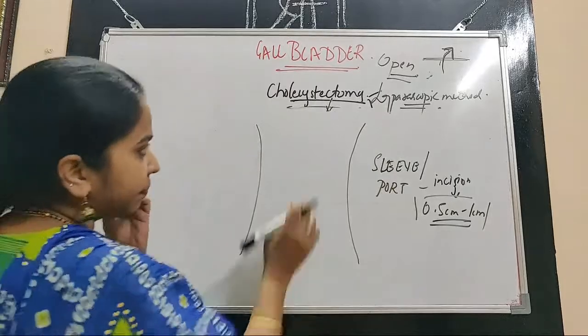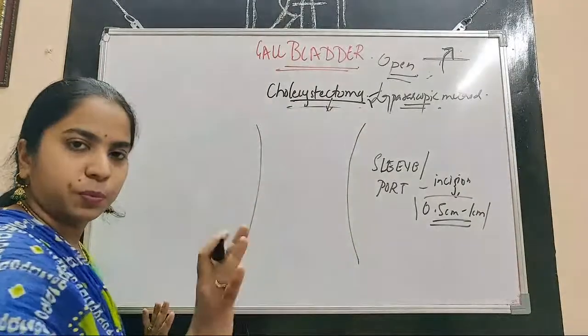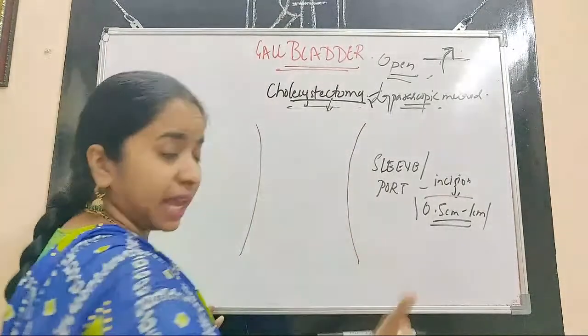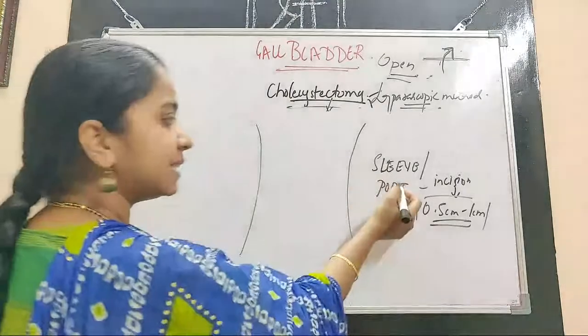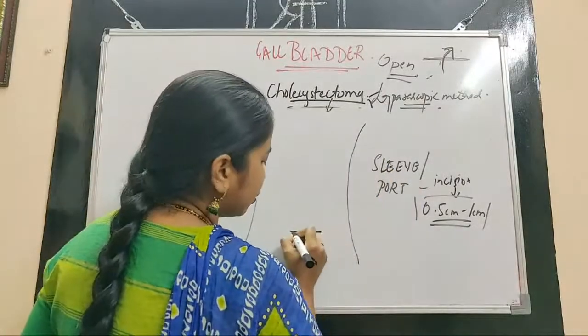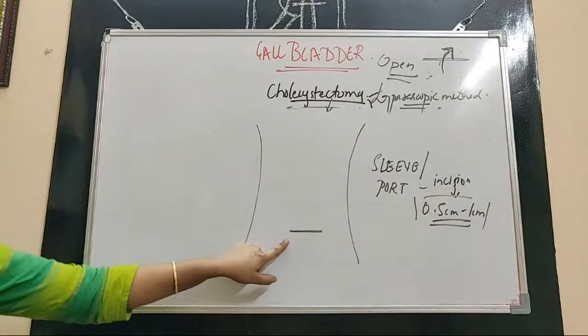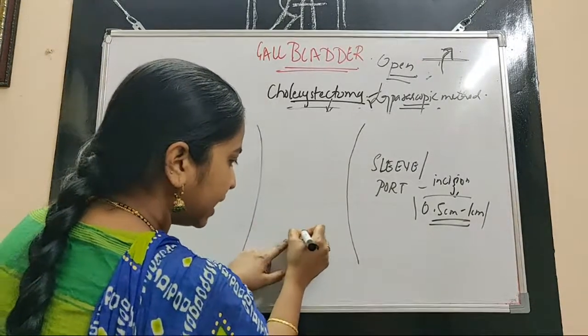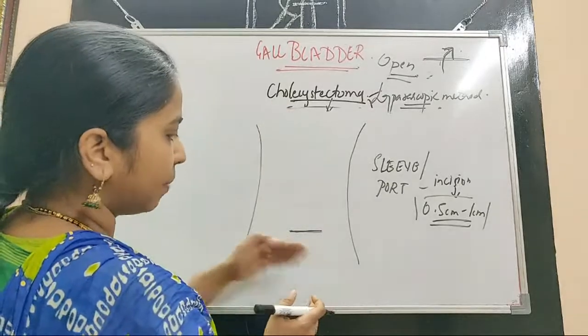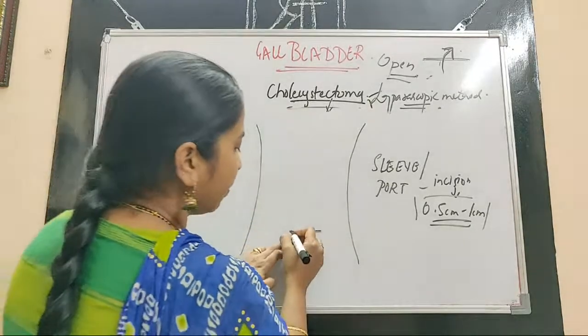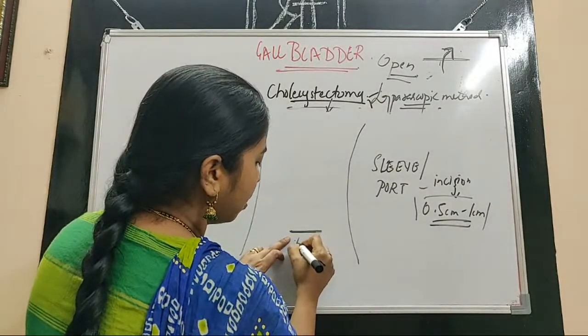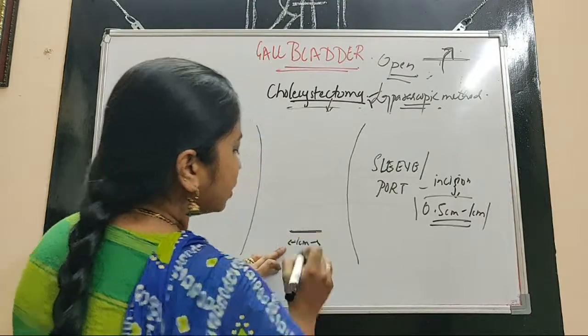Basically, in any laparoscopic surgery, there will be one main port or one main sleeve. Suppose, considering this is our main port or sleeve, I am making an incision through the skin of the abdomen which is around 1 centimeter.